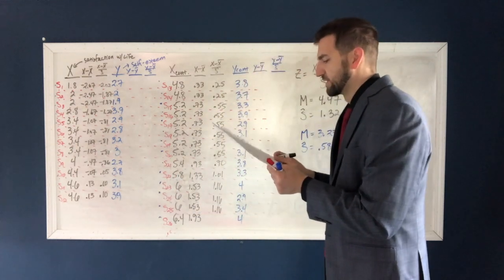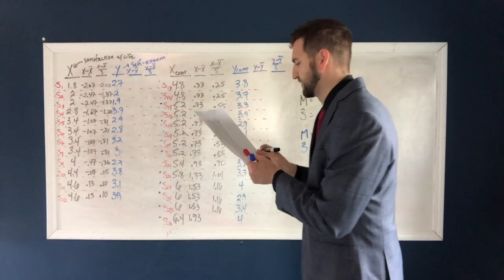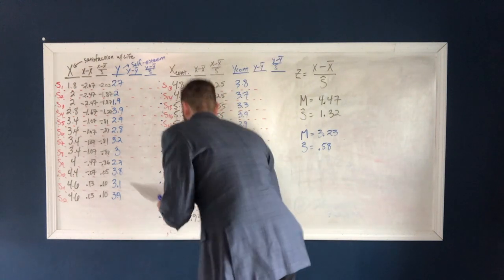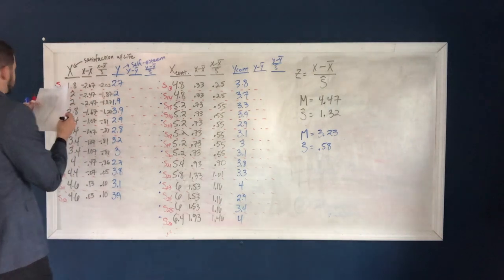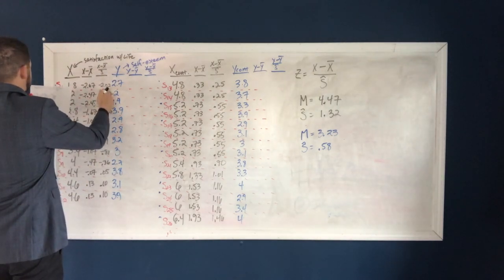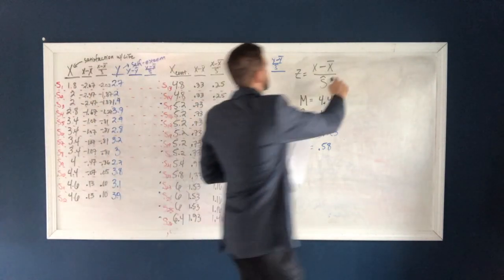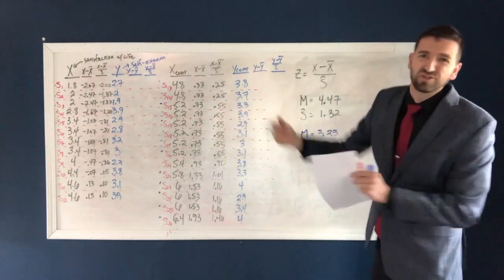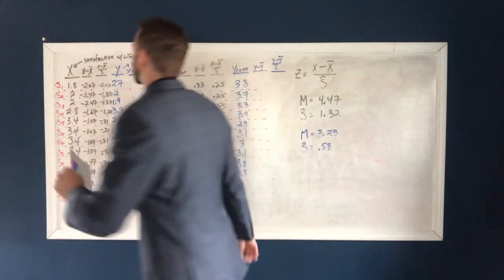And then the last one, 1.93 divided by the standard deviation is 1.46. And these are all z-scores. So when you get to the stage where you've done the deviation score and you divide by the standard deviation, what you're left with is the z-score.